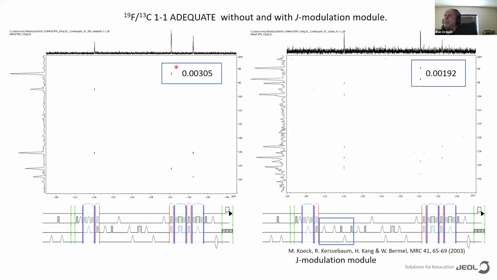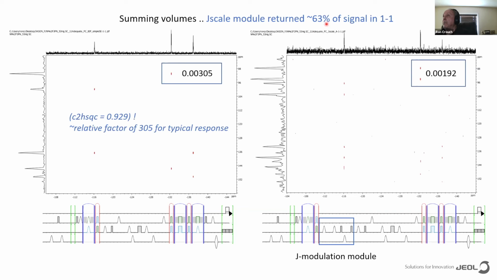So if we look at what's in the box, and the sum of that, 0.003, the sum of these two is 0.0019. If there were no losses in this experiment, they would be equal, right? But what we're recovering is about 63% of the signal.